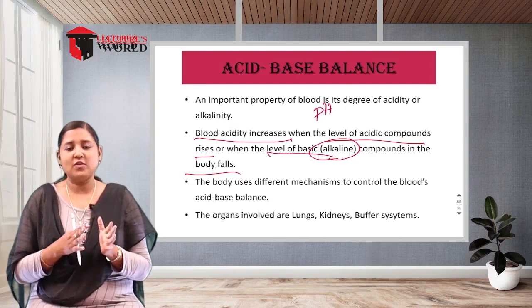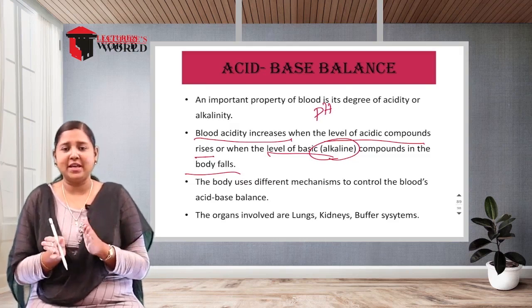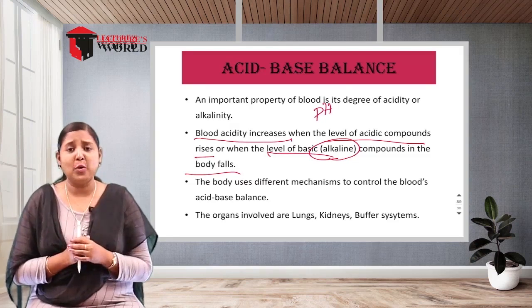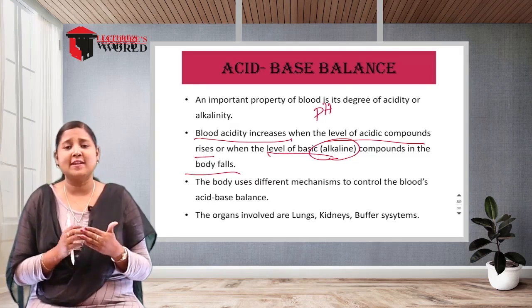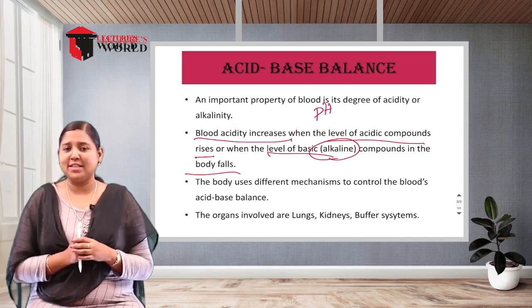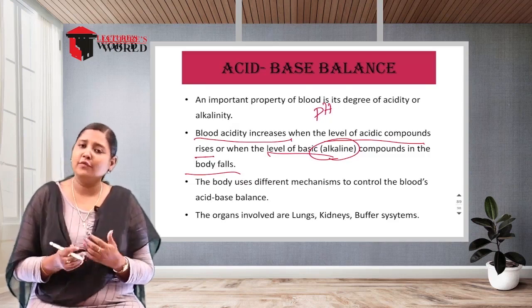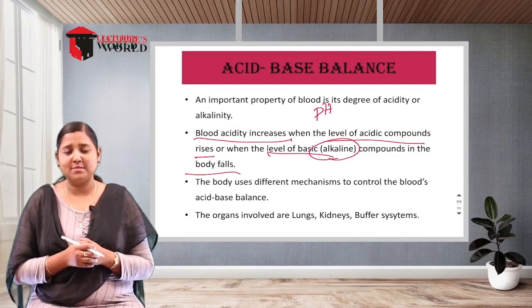This is how the acid and base balance takes place. Another important thing is that the blood should not be too acidic and should not be too alkaline. It has to be maintained in a neutral state. So the body again uses different methods to control this acid base balance.